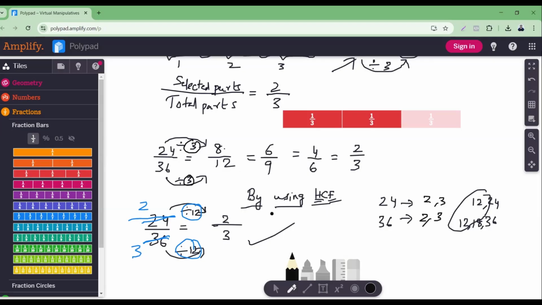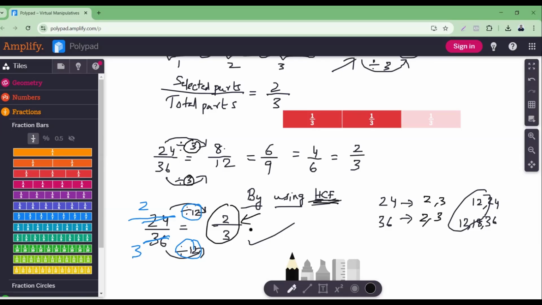But if it is the highest common factor, what will happen? It will divide much more. You get the least answer when you divide by the highest number, right? So common factors will divide both the numerator and denominator, and if it is the highest one, then you will get the lowest quotient. Thereby, you will get the simplest fraction.